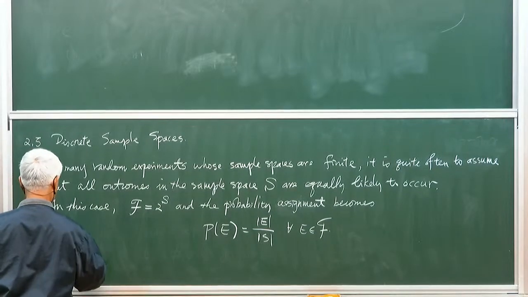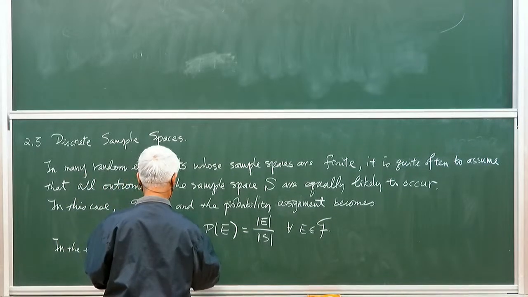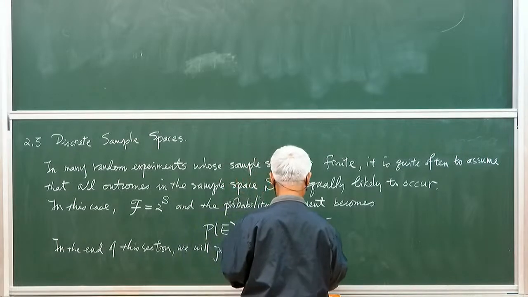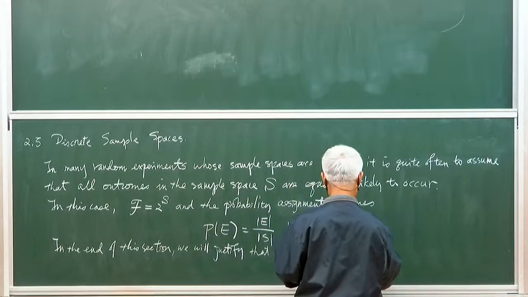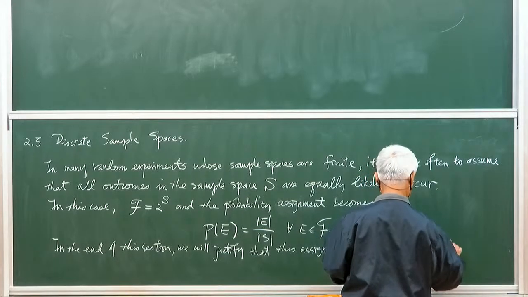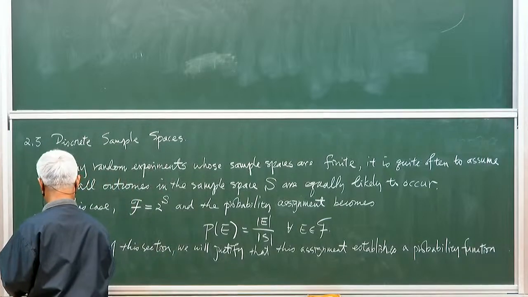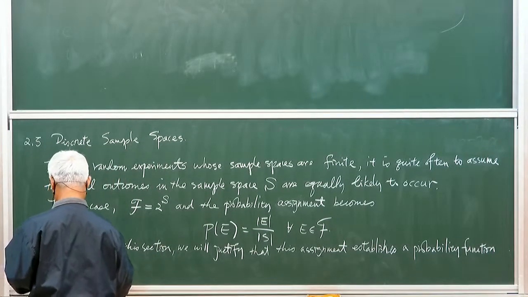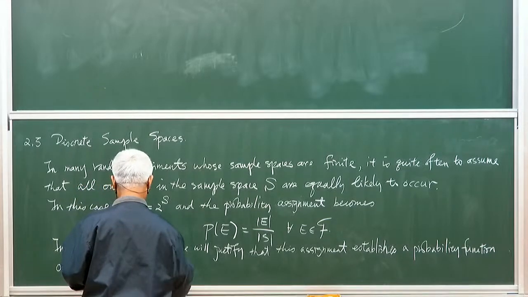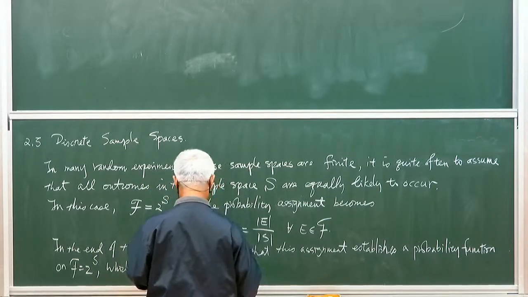So at the end of this section, we will justify that this assignment establishes a probability function F. This probability function will be given a special name, called a counting probability function.